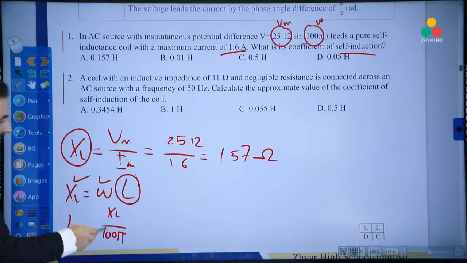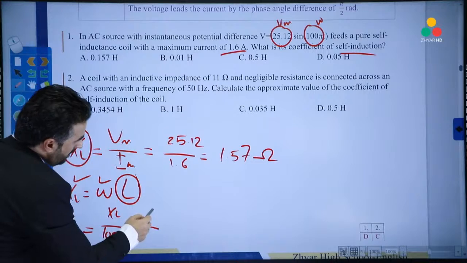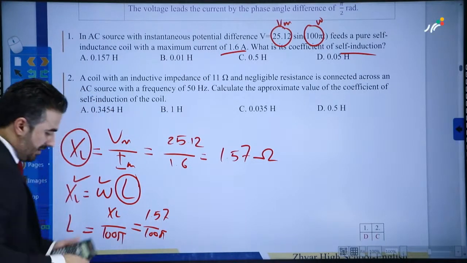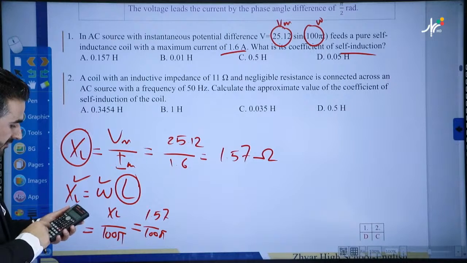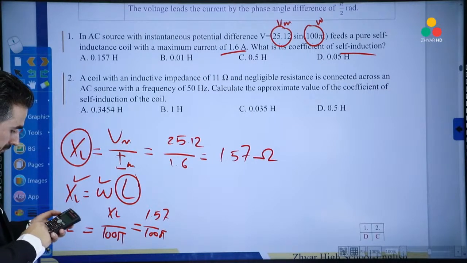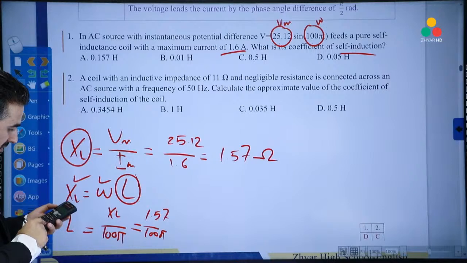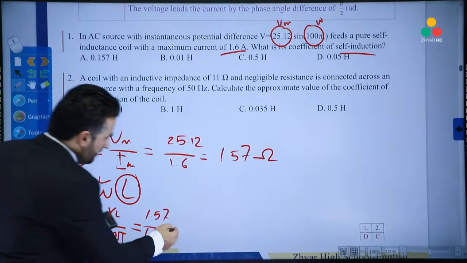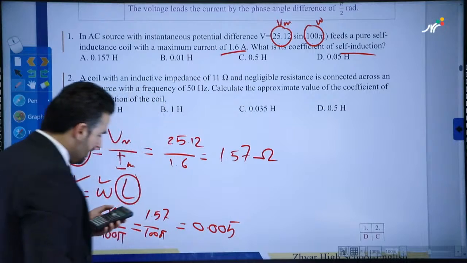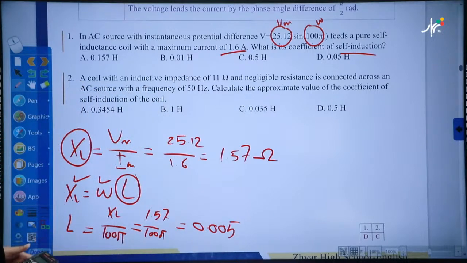So we can say 1.57 divided by 100 pi, and the answer is going to be 0.005.